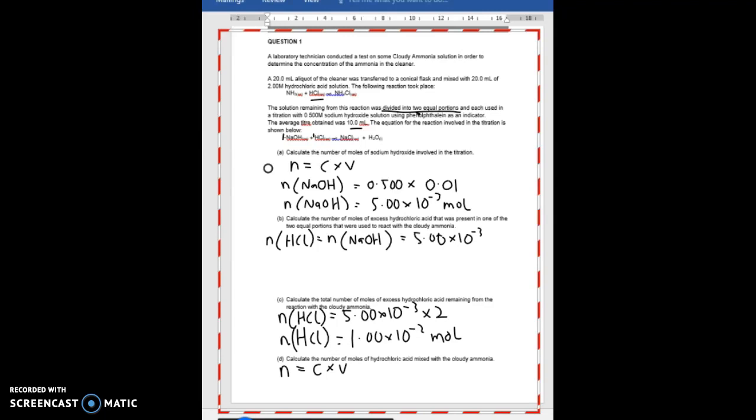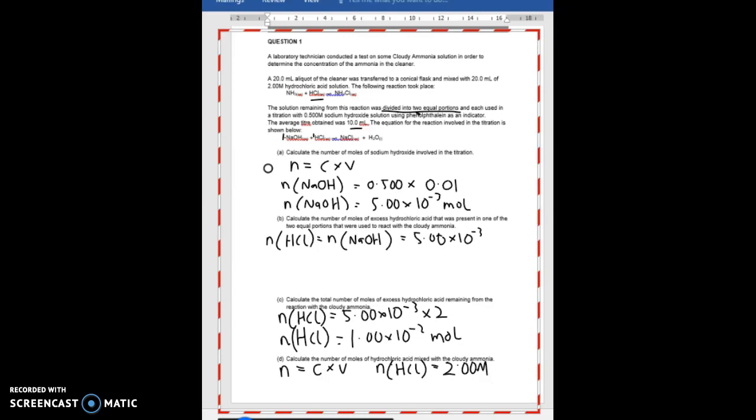Number of moles of HCl, just write that. Number of moles, HCl equals, so this is our 2 molar solution of HCl.